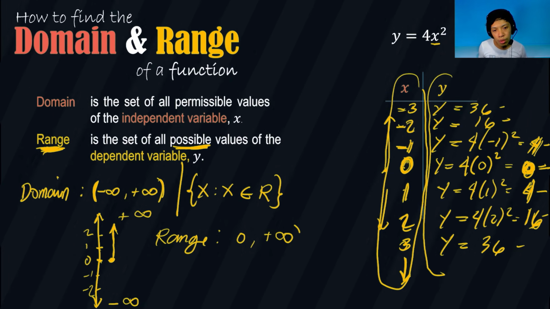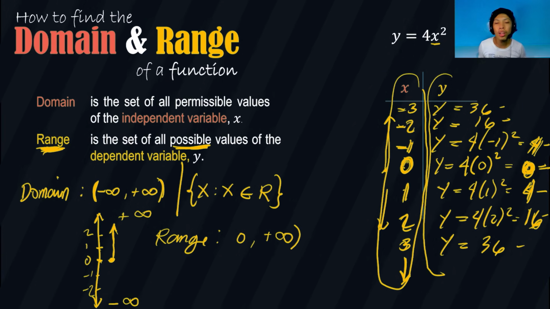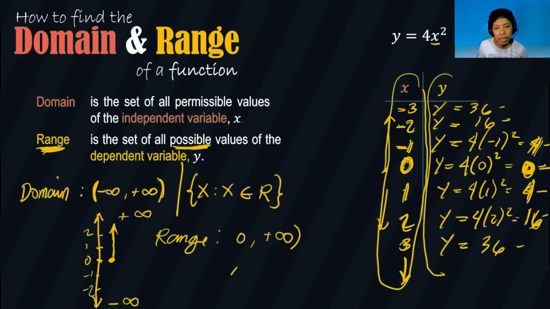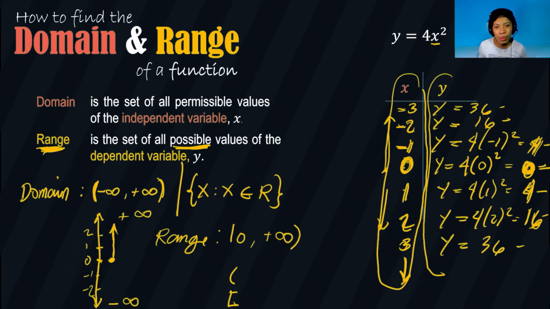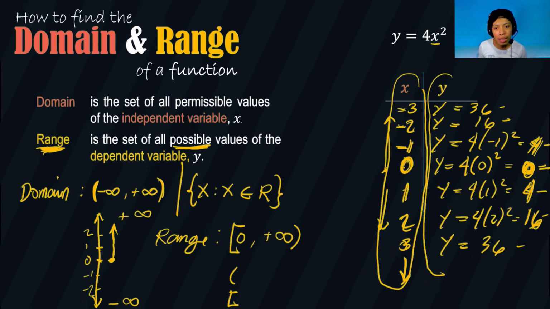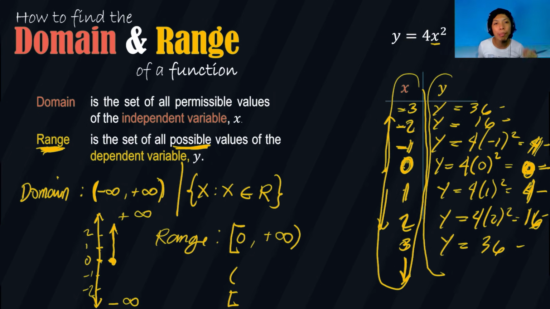So, for positive infinity, you always use parentheses. How about for 0? What will we use? Is it a parenthesis or a bracket? Okay? We will use a bracket. Why a bracket? Because 0 is included in the range, in the possible values.